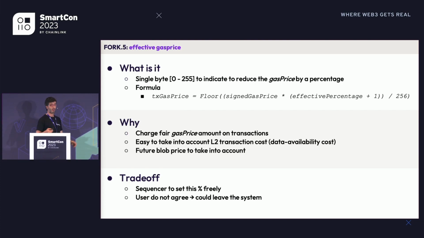Of course, there is always a trade-off. Here the trade-off is basically that we have a kind of centralized sequencer, so the sequencer can choose this percentage freely. Here, the cool thing of our protocol is that the user is free to move out of the protocol if he wants to do so.